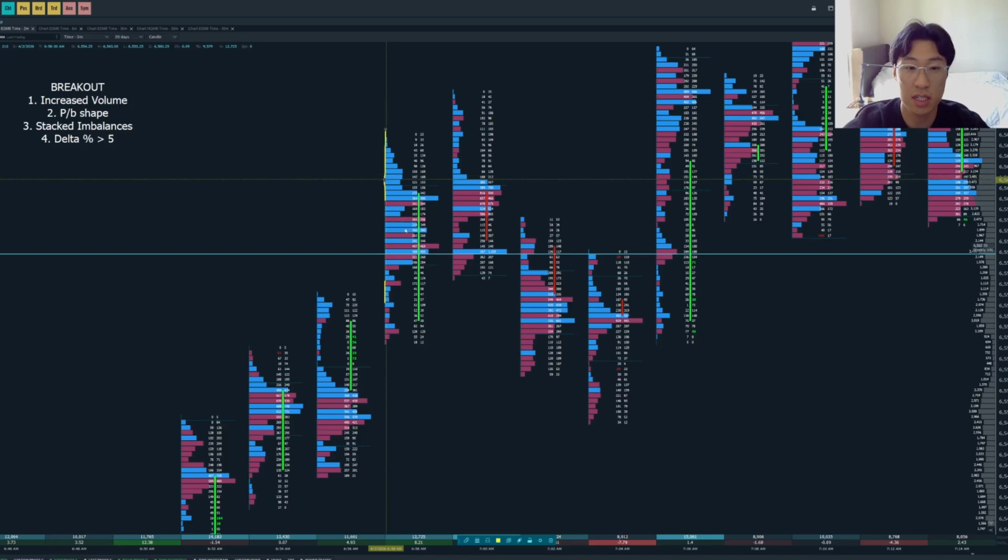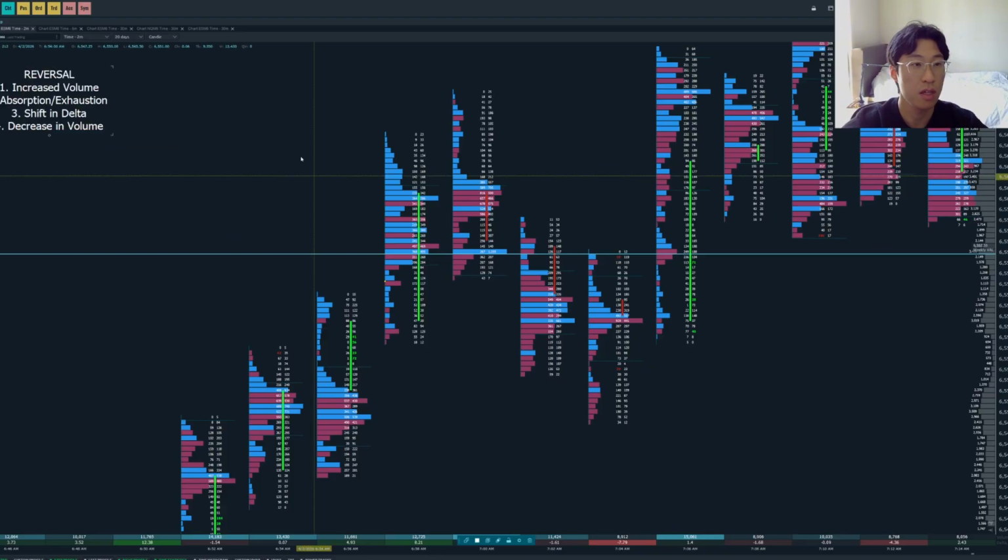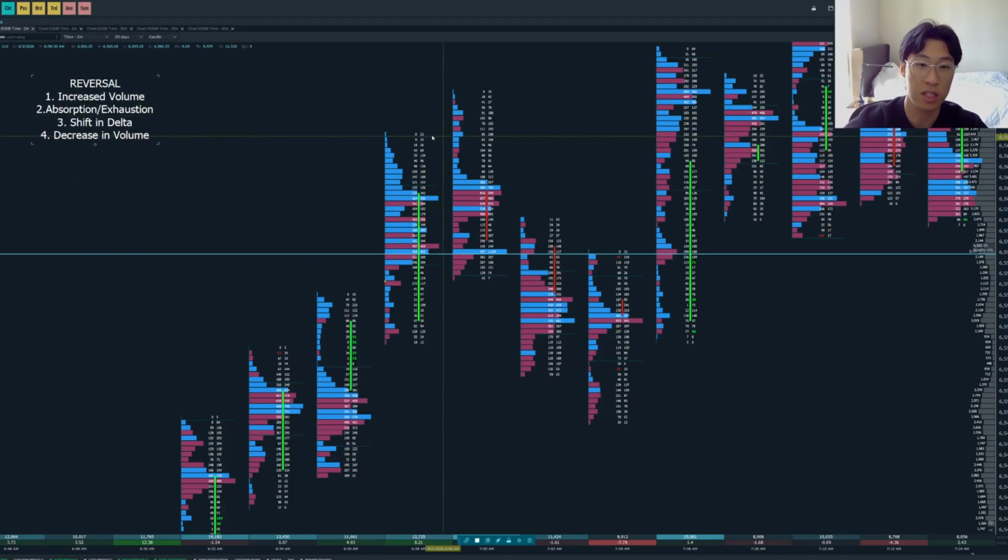So because we didn't have a P or B, I ruled this trade out and I said, I'm going to be looking for reversals now. Because the breakout was weak, I'm looking for reversals. So on our reversal, these are the confirmations that we look for. We look for increased volume. So this was the candle with increased volume. We look for absorption or exhaustion.